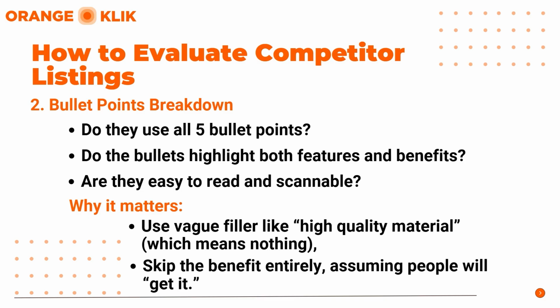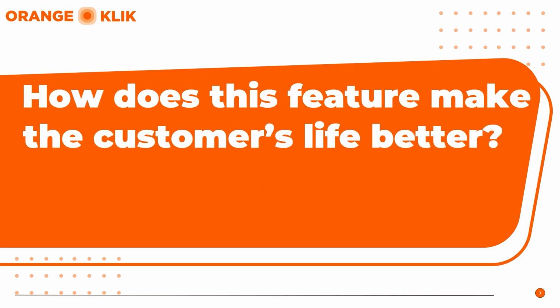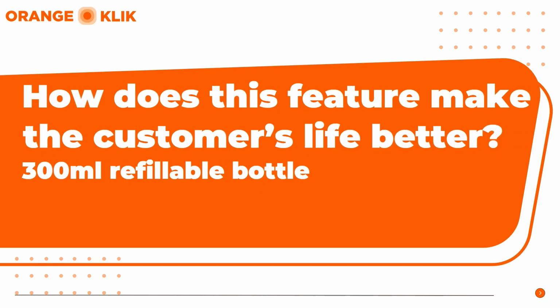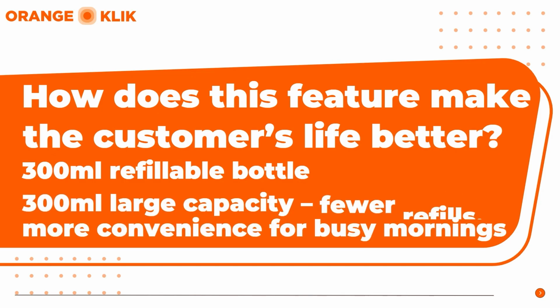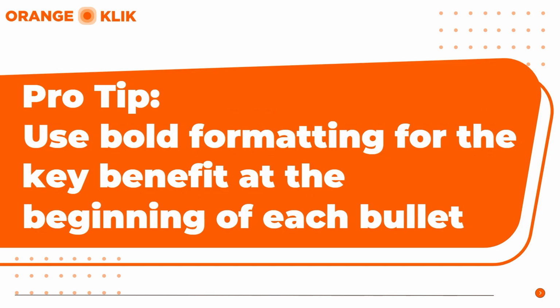Amazon shoppers skim, so every bullet point should answer this question: how does this feature make the customer's life better? For example, instead of a 300 milliliter refillable bottle, write 300 milliliter large capacity, fewer refills, more convenience for busy mornings. A pro tip: use bold formatting for the key benefit at the beginning of each bullet, if you can, to catch the reader's eye.